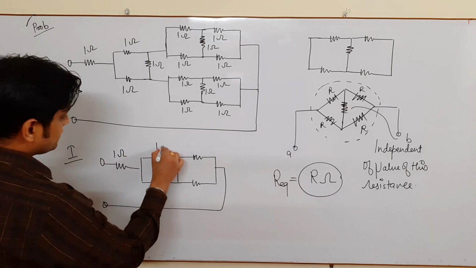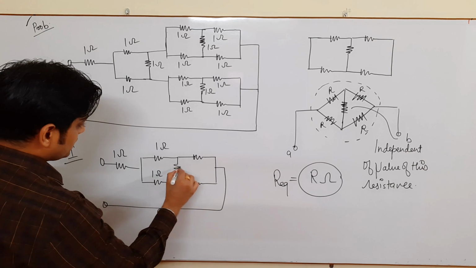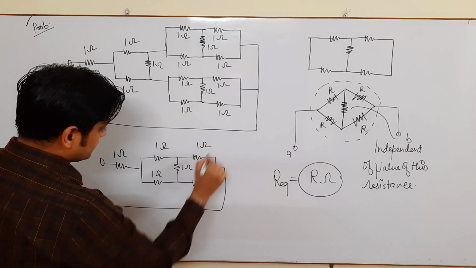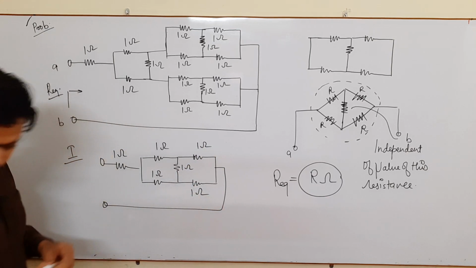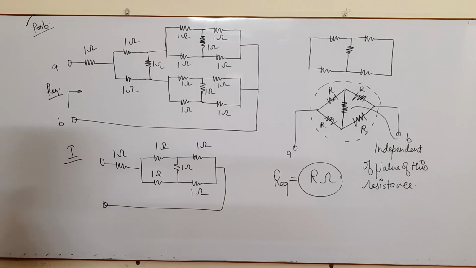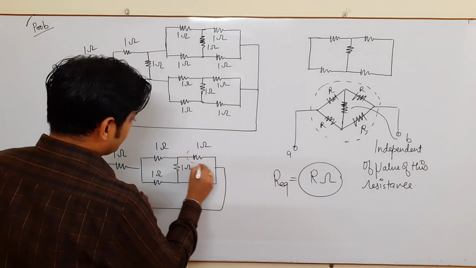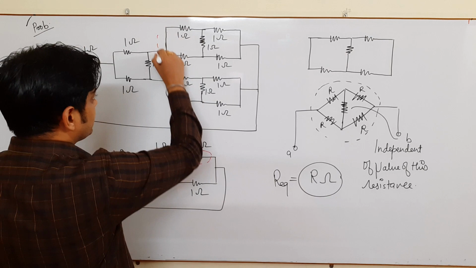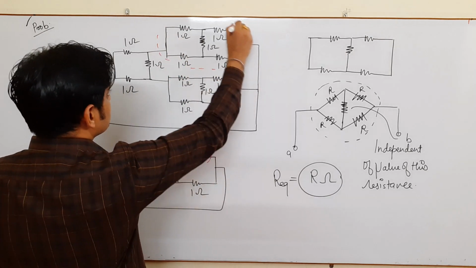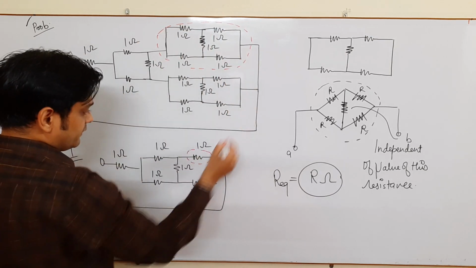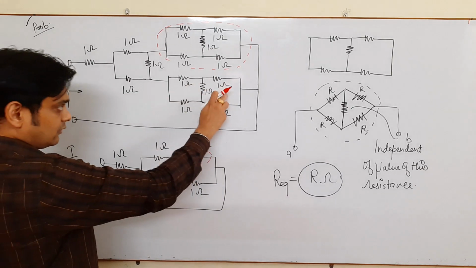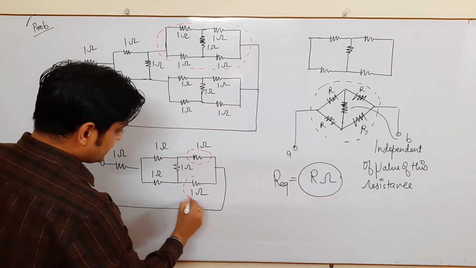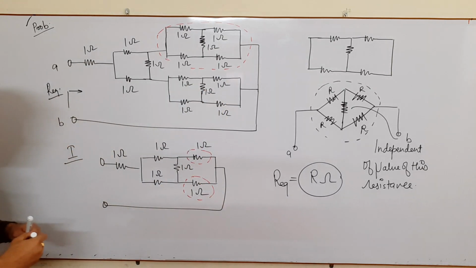Yes, this is 1 ohm, this is 1 ohm, this is 1 ohm, this is 1 ohm, this is 1 ohm. So we just solve this one, and we write it as 1 ohm. Similarly, we solve this and we write it as 1 ohm.